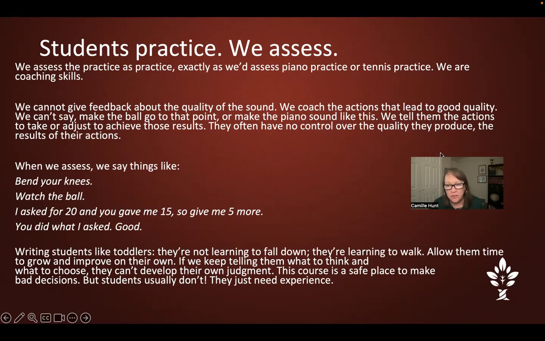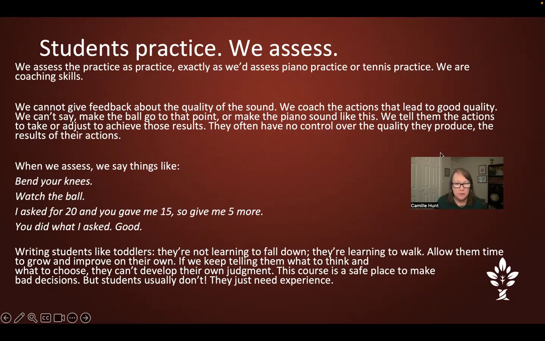They may not have control over the quality. If they're learning how to play trumpet, you can say, hold your mouth like this, or close your door, or whatever you want to say. But they're not good enough yet to control the quality they produce or to assess the quality for themselves. And so we don't assess them on the quality of their product. We're saying, like in tennis, bend your knees, watch the ball.